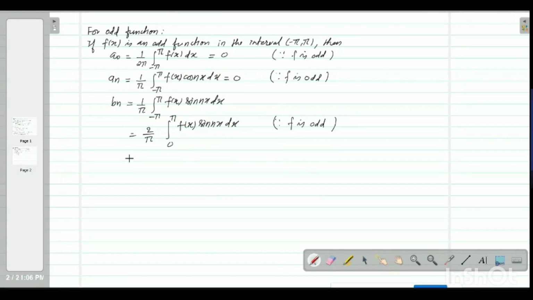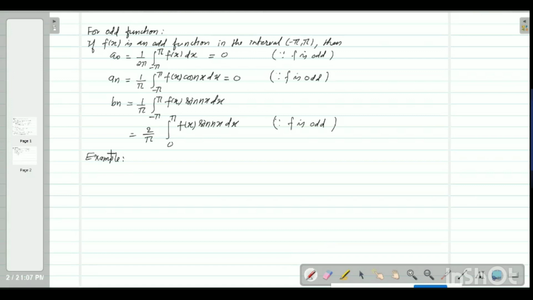Let us do a problem based on this, then you will understand the even and odd function formulas. Example: find the Fourier series of the function f of x equal to sin px in the interval minus pi to pi.